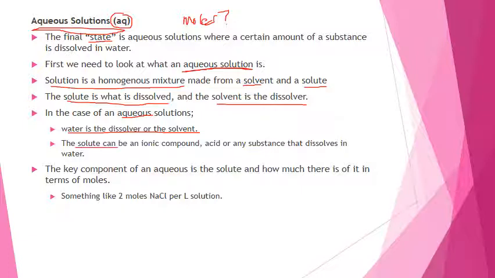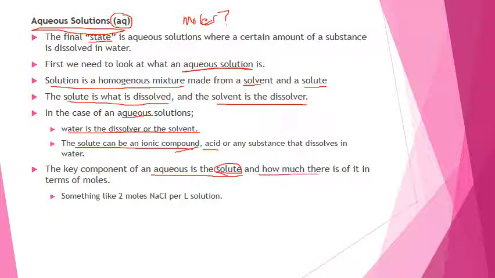The solute is the thing that's being dissolved, and it could be an ionic compound like salt, NaCl. It could be an acid, or any other substance that dissolves in water, like glucose, sucrose, ammonia, and so on.